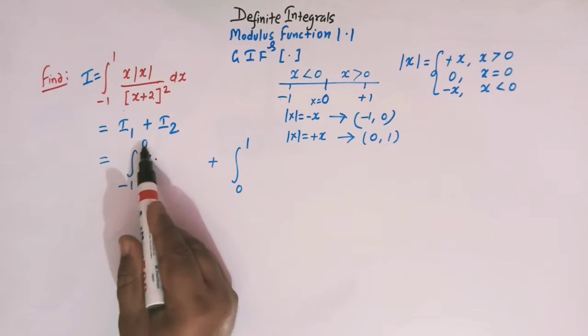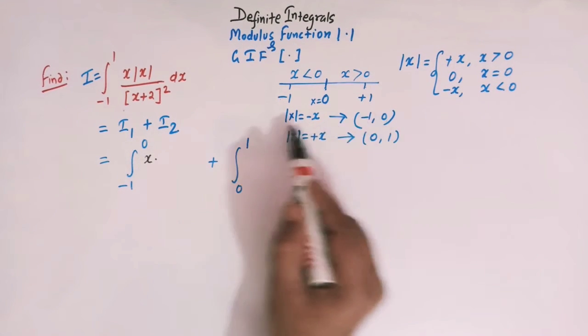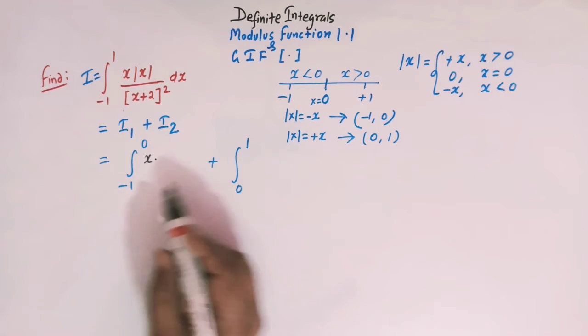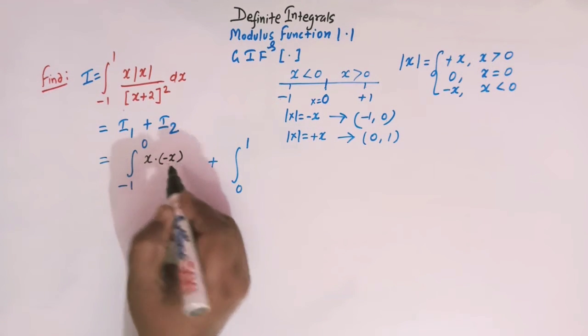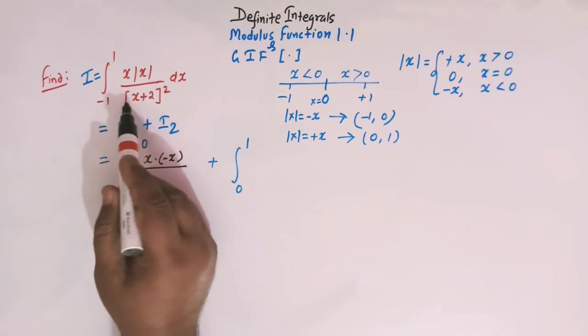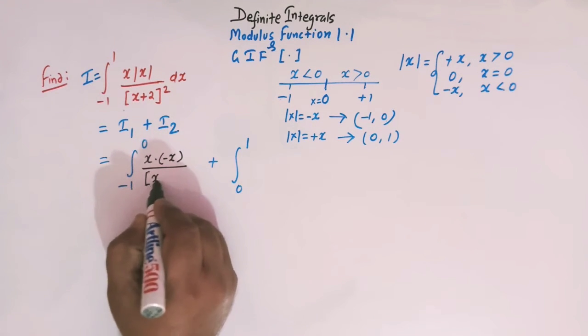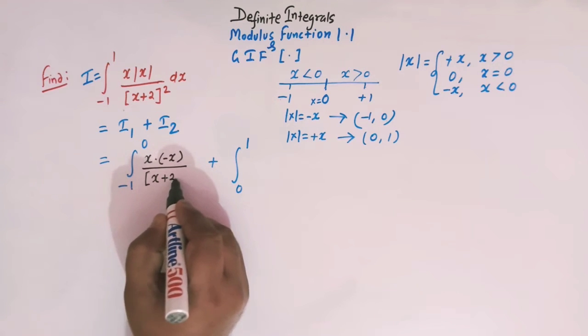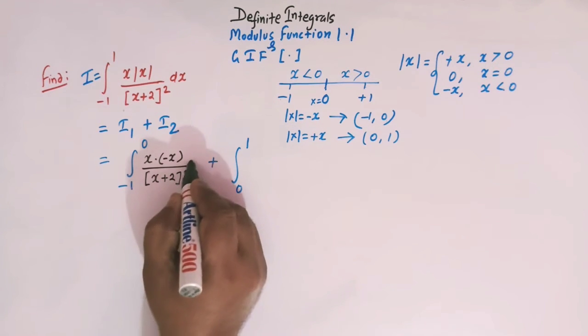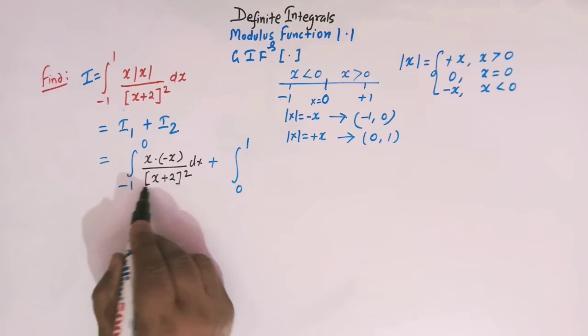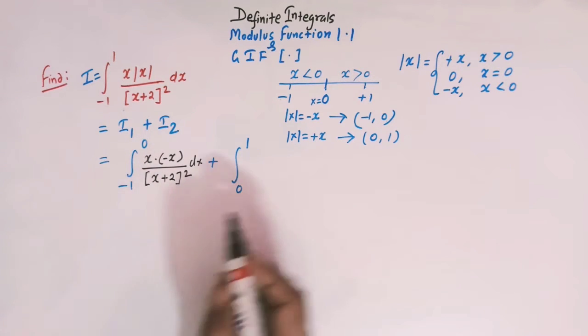So when we go from -1 to 0, then mod of x is equal to minus x. So here we have minus x, right? And in the denominator we can write the greatest integer of [x plus 2] square, right? So we'll take care of this function in our later steps.